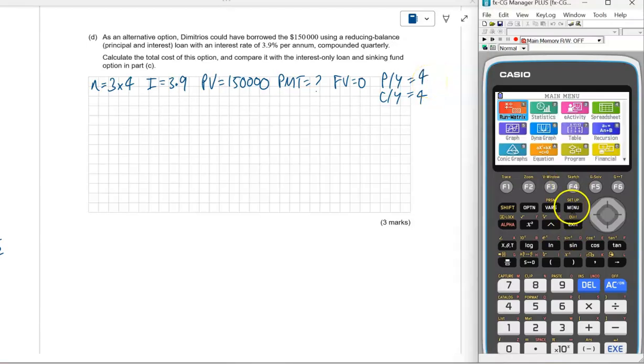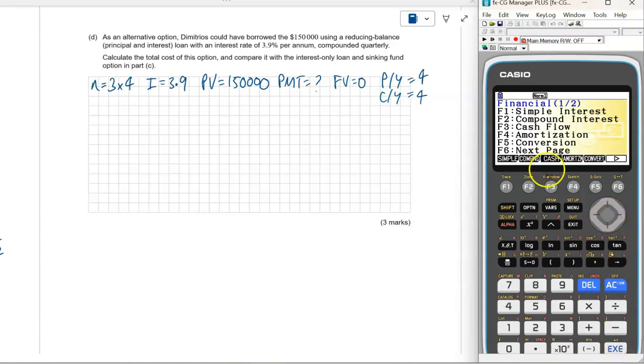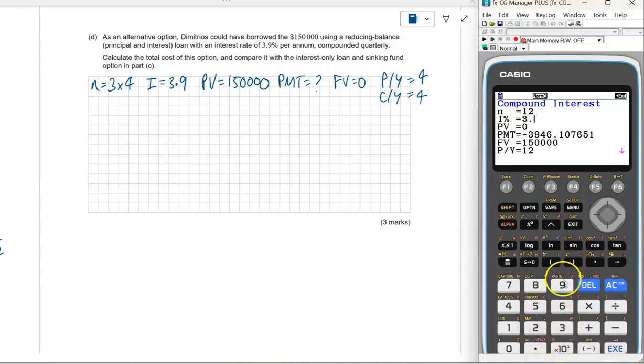Let's do that. So head into the finance function here. Again, we're looking at the compound interest, so F2, and N is 3 times 4 or 12. The interest rate is 3.9%. The present value is 150,000. PMT, let's work that one out. So let's just reset that for now.